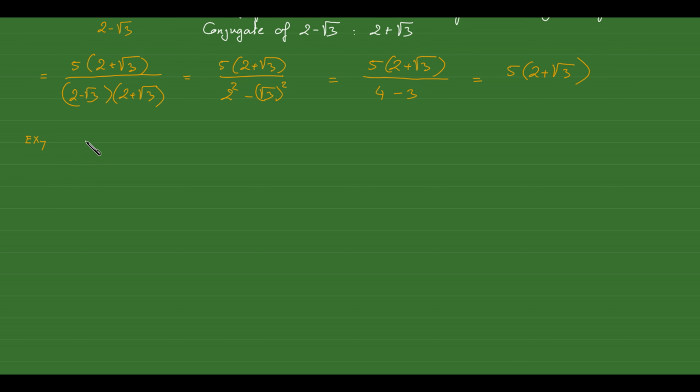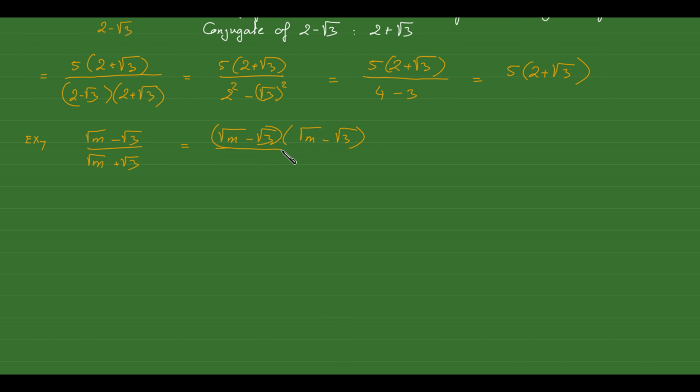I have the square root of m minus square root of 3 over square root of m plus square root of 3. Alright, so I'm going to multiply by the conjugate of this, which is the square root of m minus square root of 3, on the top.